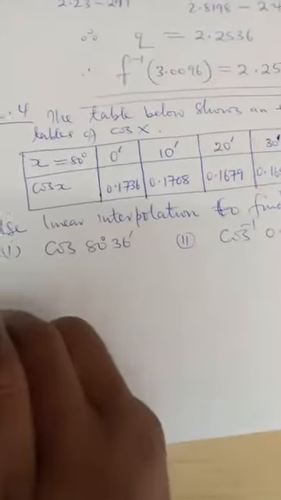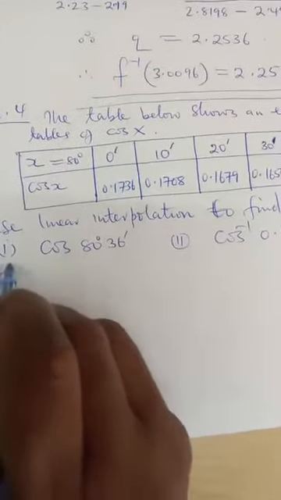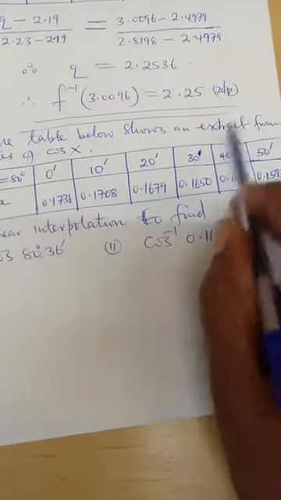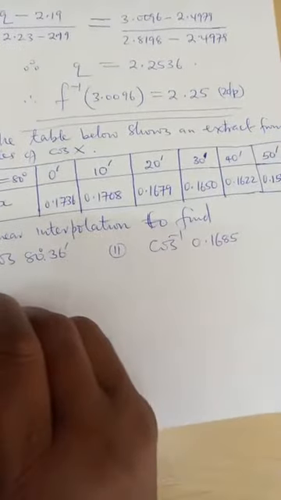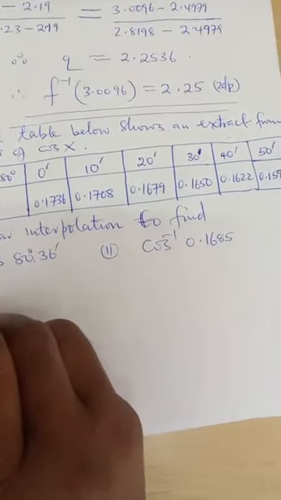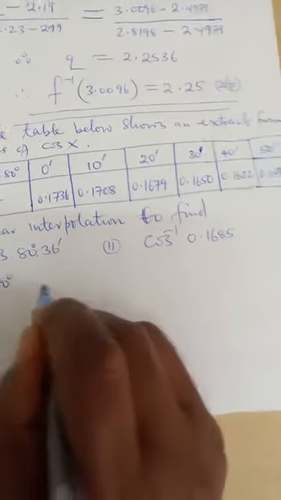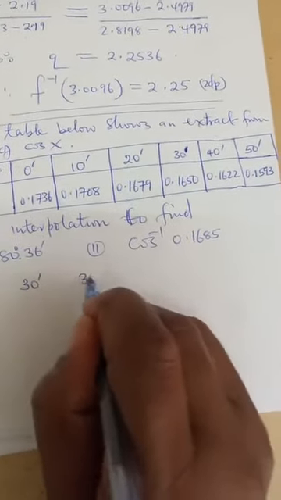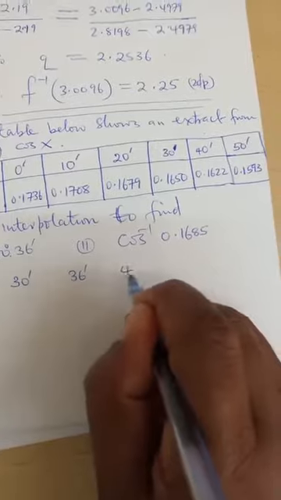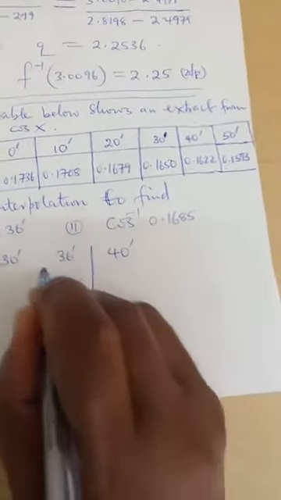I think you're beginning to get familiar. Solution number 1. 80 and 36 will fall between these two values, 30 and 40. So we shall get x as our 80 degrees, and we get the 30 minutes, the 36 minutes we are looking for, and the 40 minutes.